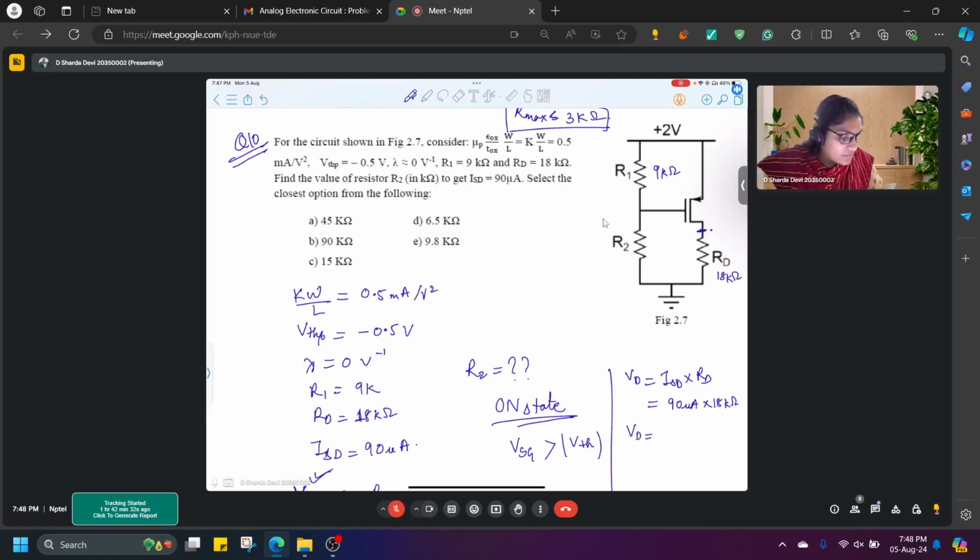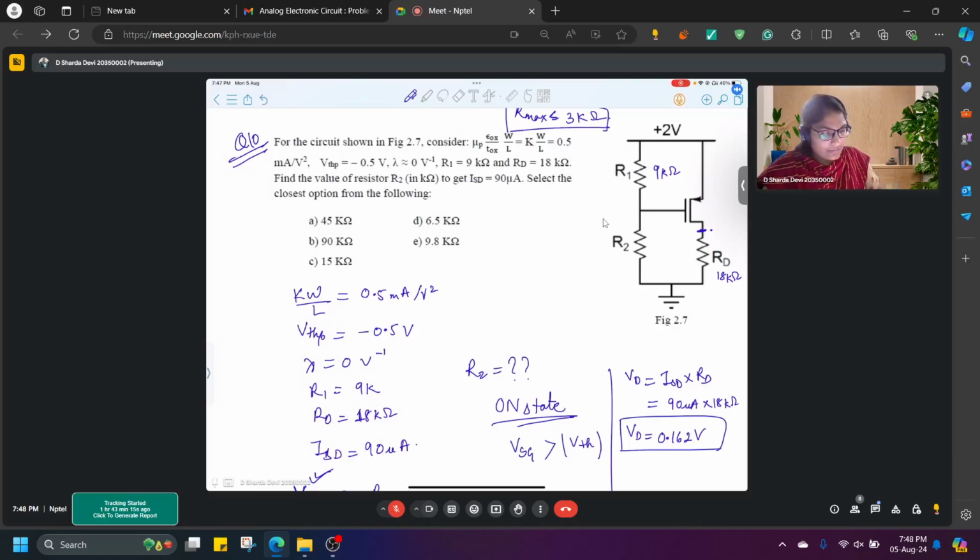So VD will be how much? It will be 0.162 volts, correct?